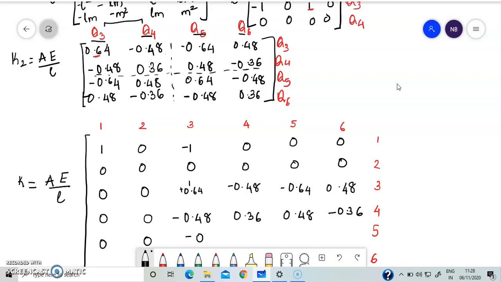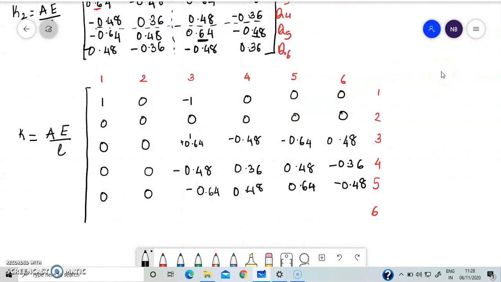5 and 3 is minus 0.64, 0.48, 5 and 5 is this 0.64, and 5 and 6 is this value minus 0.48. 6 and 3 is minus 0.48, 6 and 4 is minus 0.36, 6 and 5 is minus 0.48, 6 and 6 is 0.36.